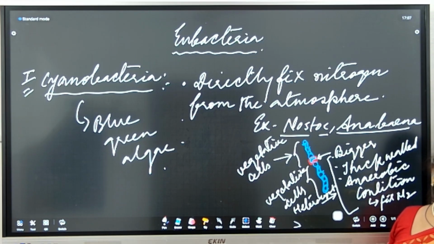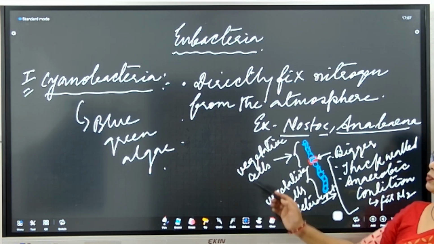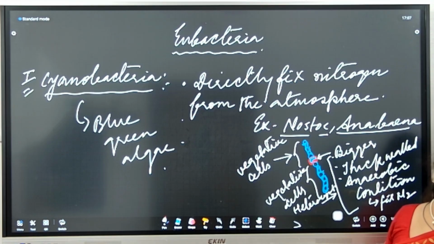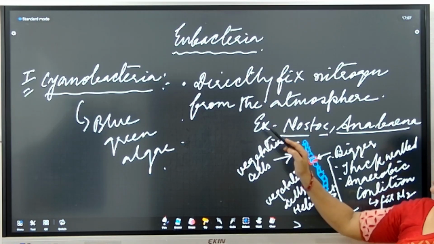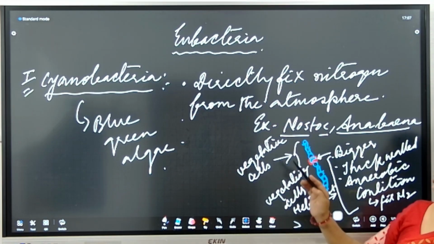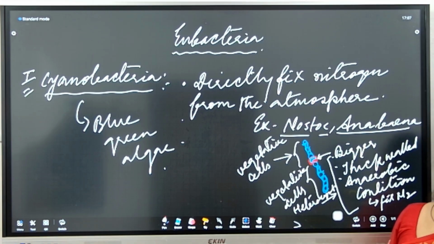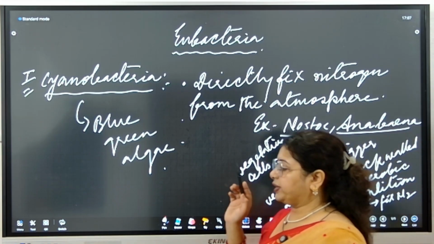Phycocyanin contains copper, and copper gives blue color. So blue color is for that, green color is for chlorophyll. All these pigments are present in cyanobacteria, so they are called blue green algae. Clear? So you can write this.